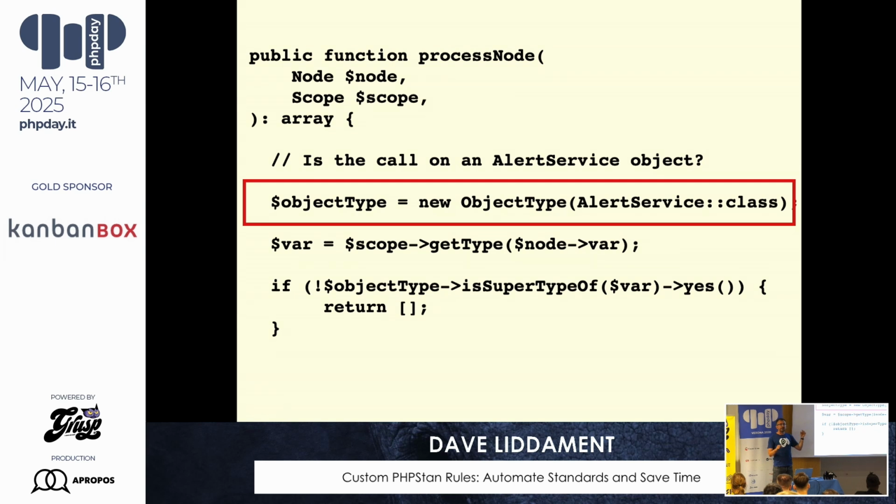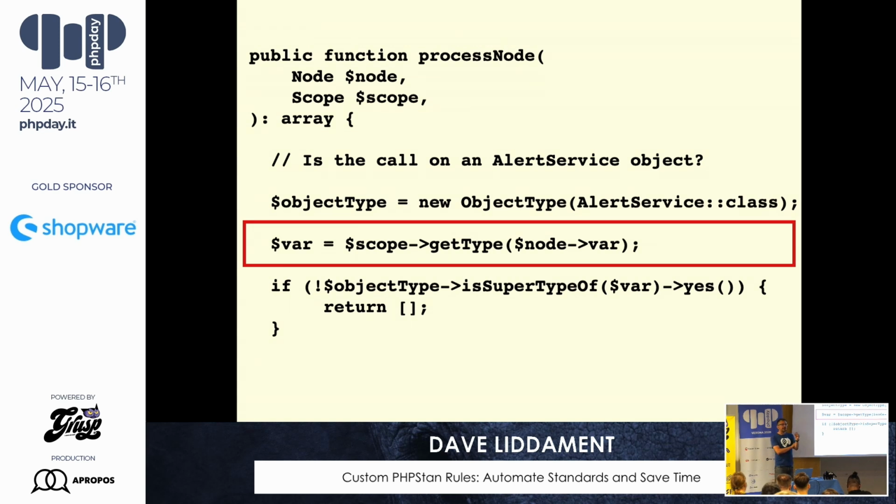Object type is PHPStan's representation of an object. We can't instantiate the alert service in the PHPStan rule, but we say, I'm interested in an object of type alert service. And then scope is provided by PHPStan, and it gives us additional type information about the particular node in the context that node is in the code base.